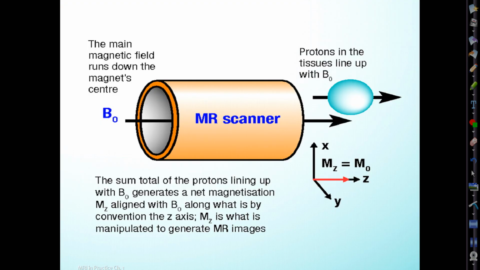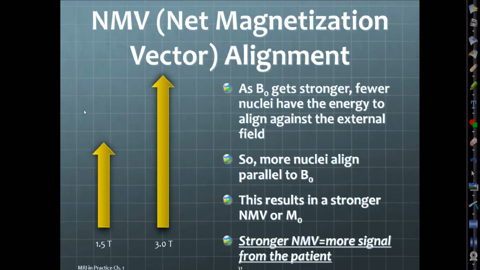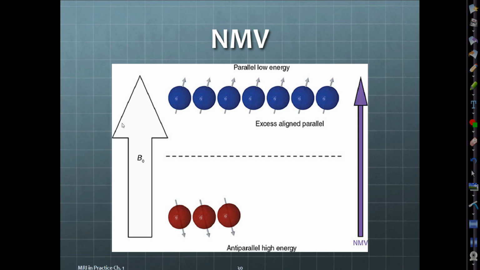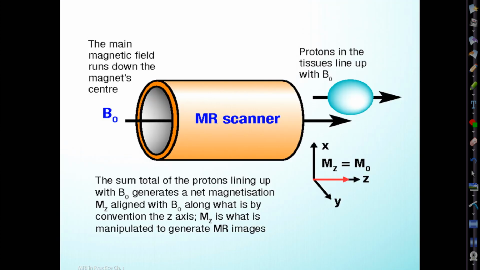And then I always like to show it in this fashion, because we keep seeing these vectors drawn straight up and down, right? But in reality, B sub 0 is actually running horizontal through the scanner. So that's why it sometimes gets confusing when we get into the room, because B sub 0 is actually running right through the middle of that magnet.